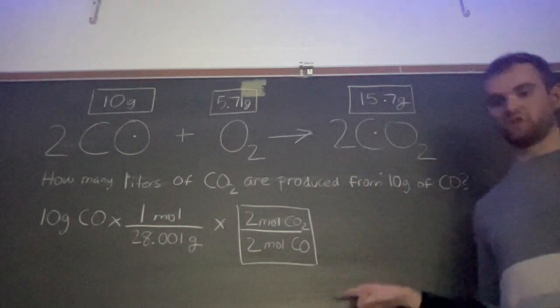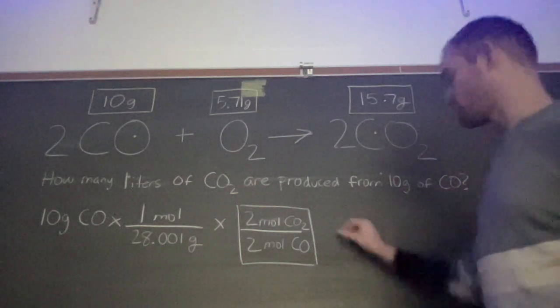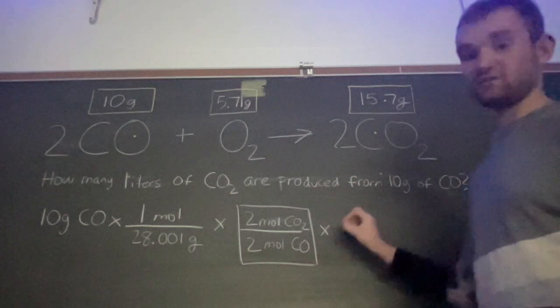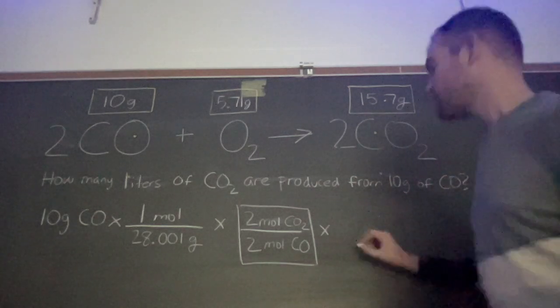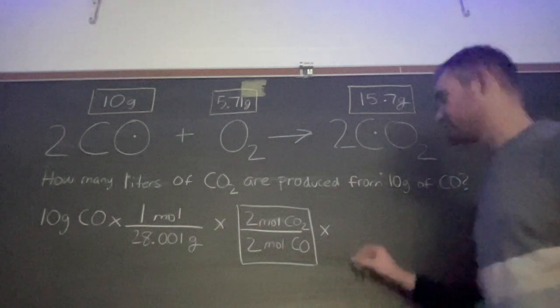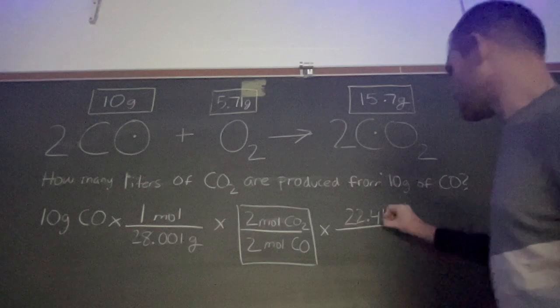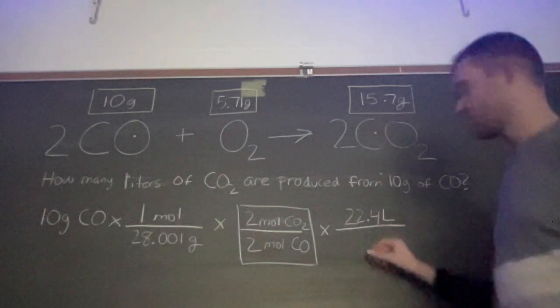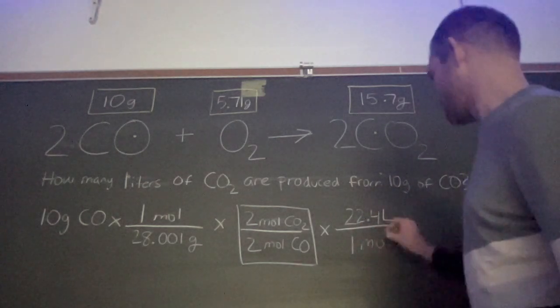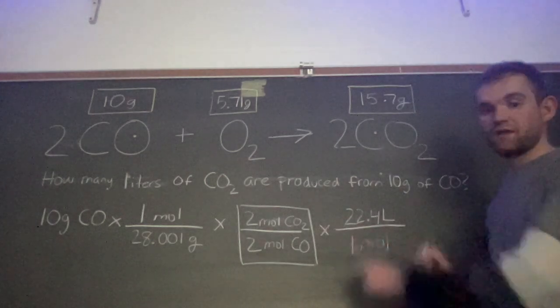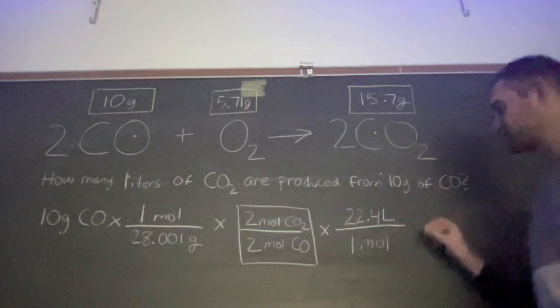So once we're at moles of CO2, we are finally going to go back to, not to grams this time, to liters. So it doesn't matter about the molar mass. All you need to do is put 22.4 liters on top. You'll put 1 mole on the bottom, and it's 1 mole of CO2. So everything cancels out except for liters.